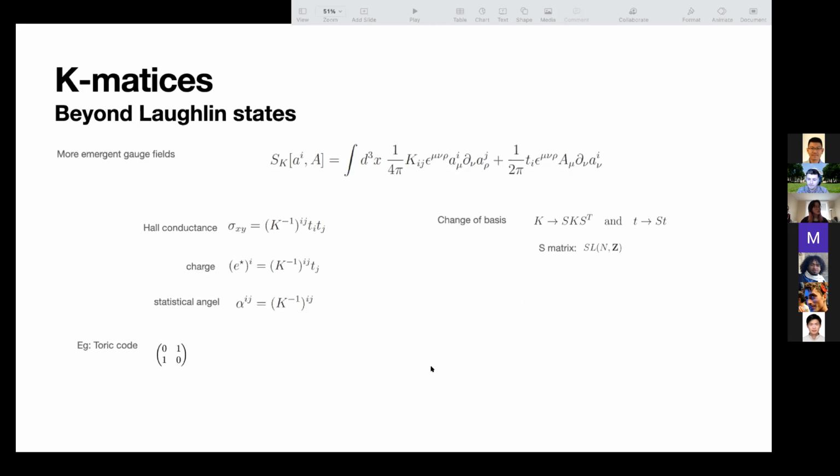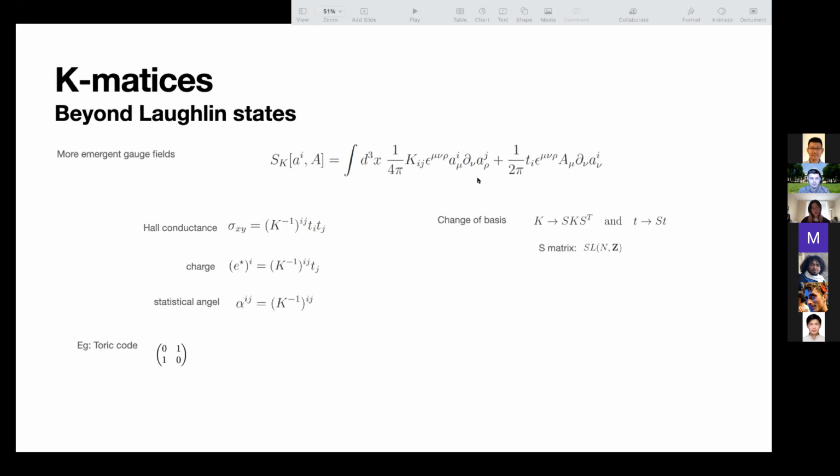So to make contact with what people talked about before, like toric code, this K matrix can describe many other topological orders, such as toric code.